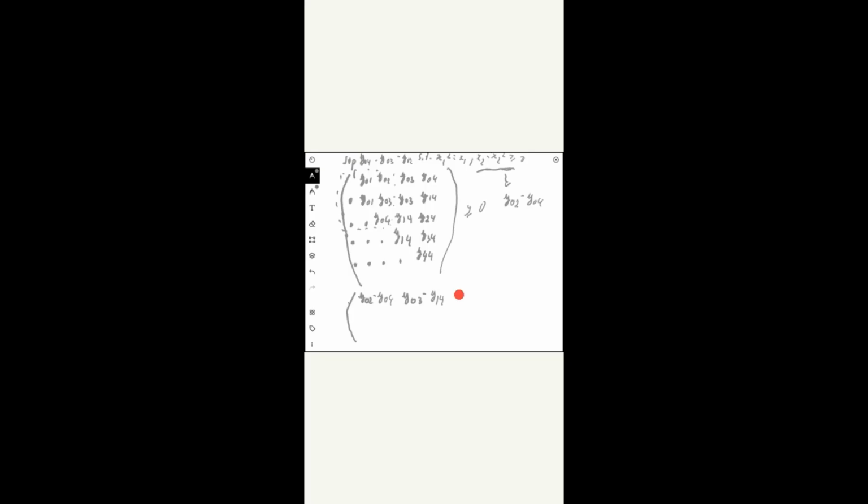After y02, you can do y04, but you cannot do y06, so it's just y24, and you do the same here. Here's nothing, so just write nothing. Here's the same, y03 minus y14.